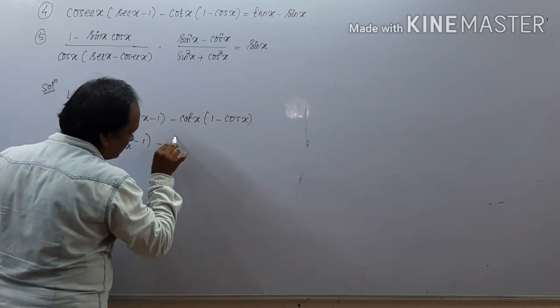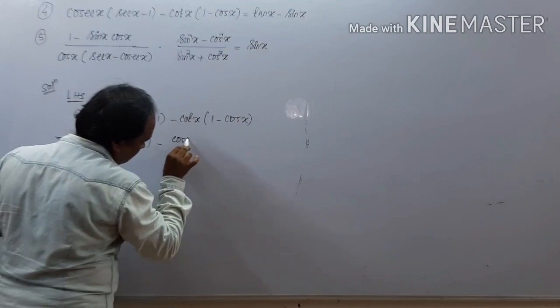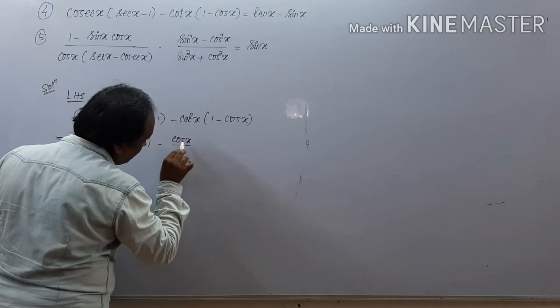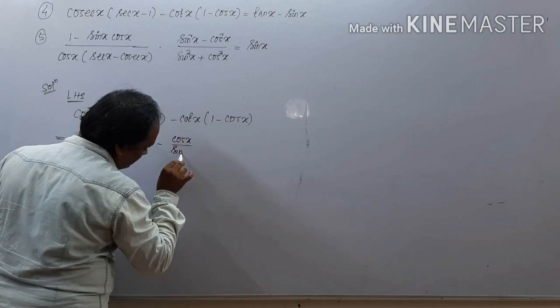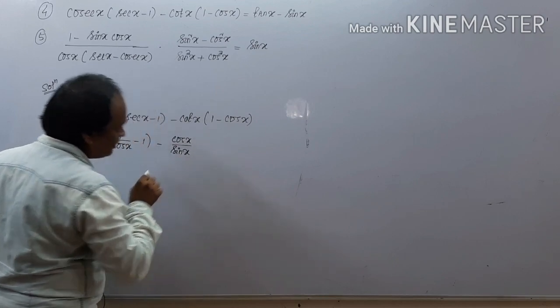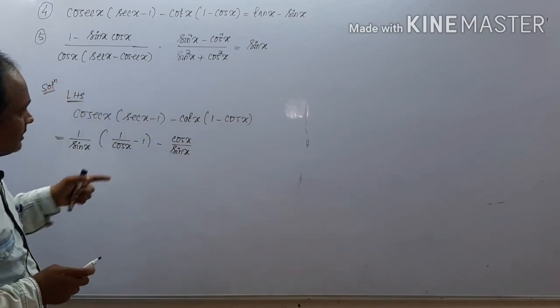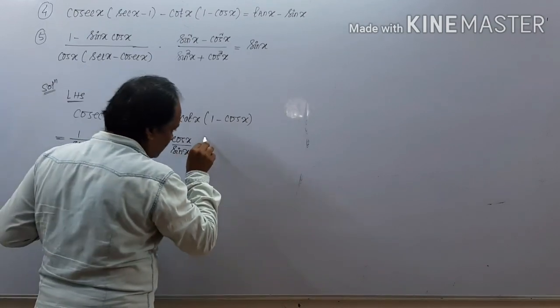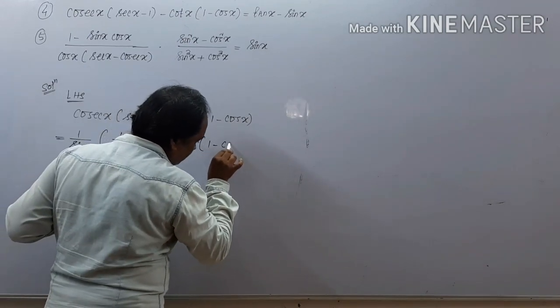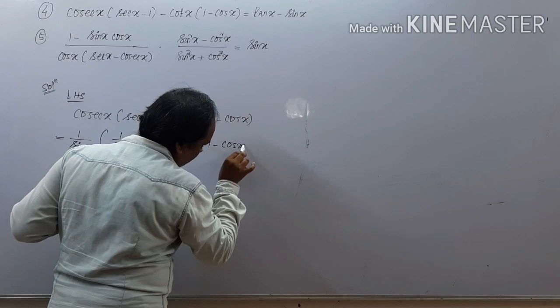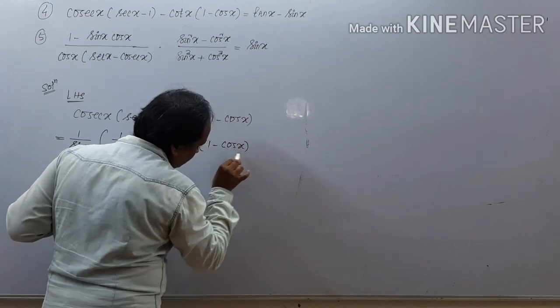Here we can write cot x as cos x divided by sin x, because we know the formula cot x is equal to cos x divided by sin x. So, clearly this is times (1 minus cos x).